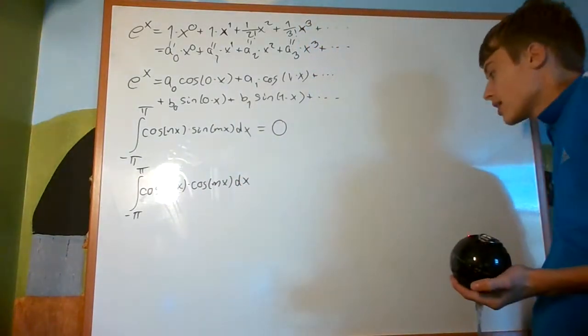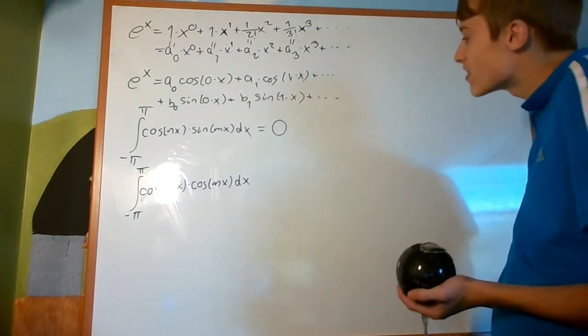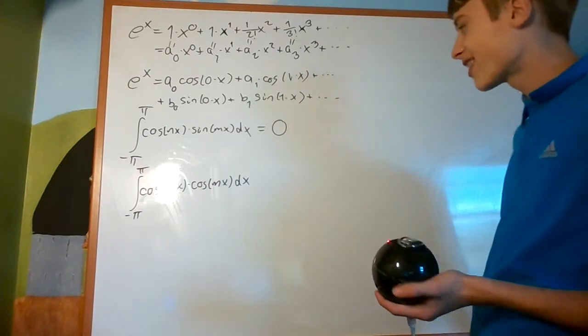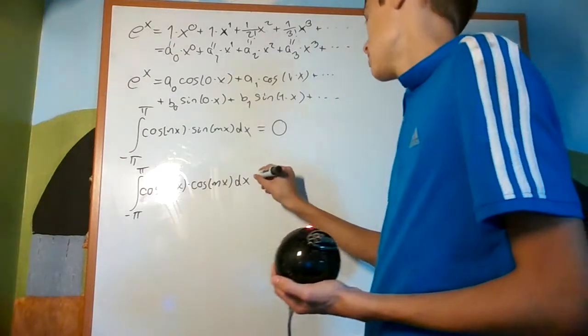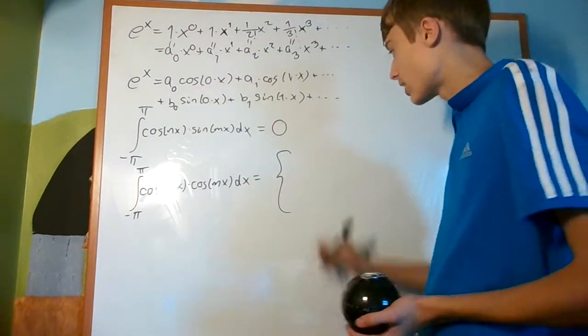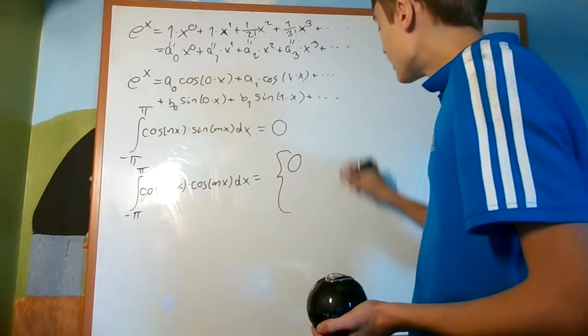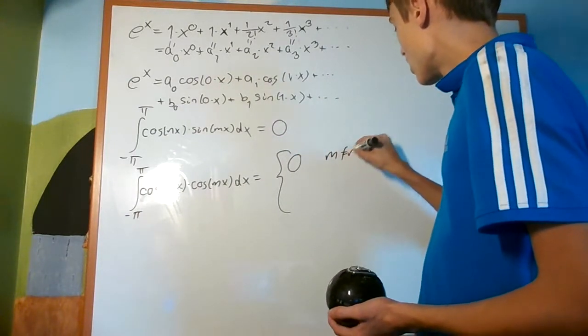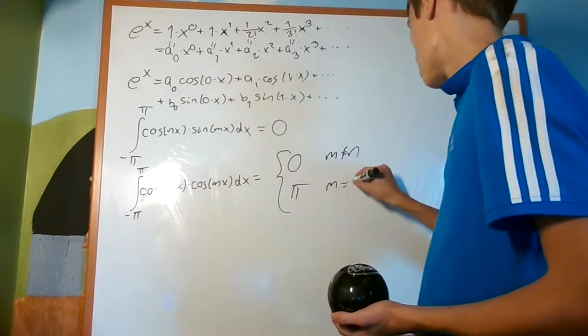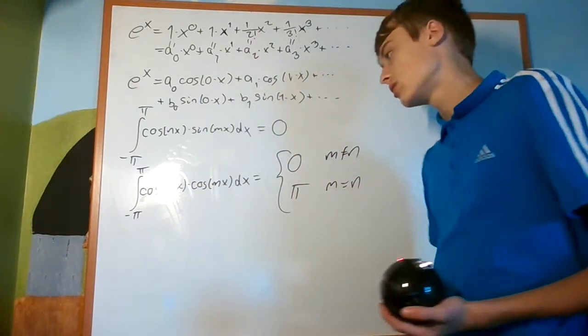Now, this is actually going to be an even function, so you're going to actually have to do calculations. But if you do those calculations, and I'll leave this as an exercise, you get 0 if the two things are not equal to each other, and pi if the two things are equal to each other.